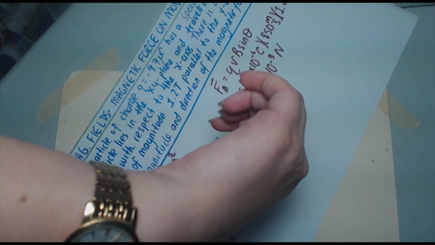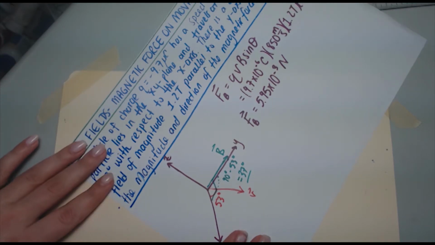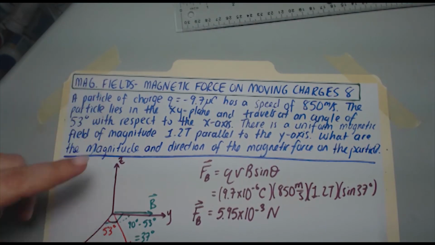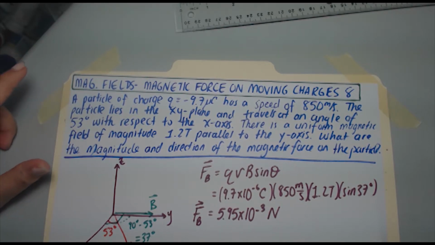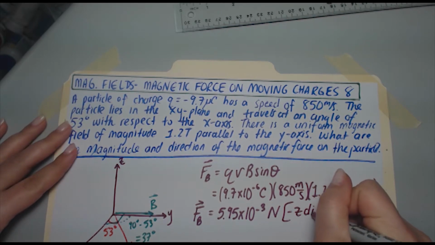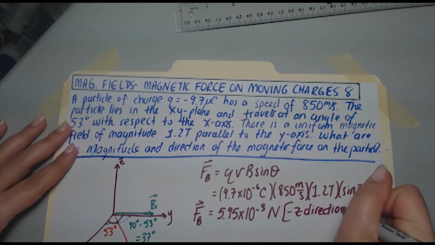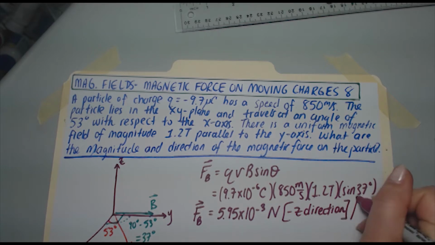Down into the page, which is the direction of the magnetic force. So it's going into the negative Z axis. So up to you, whichever way makes sense to you, use that method. But overall, make sure you get to the same destination. So our magnetic force is 5.95 times 10 to the minus 3 newtons in the negative Z direction.